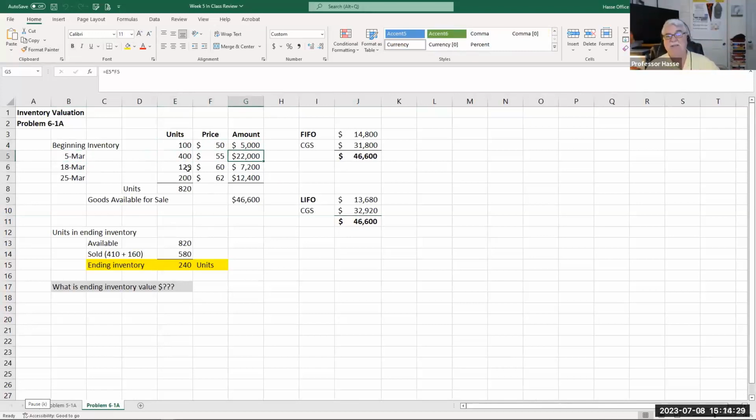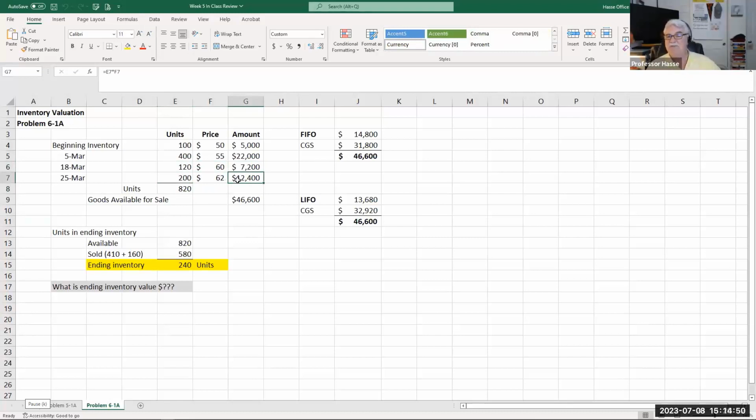Then on March 18th, they buy more inventory, but the inventory value now changes to $60. It's the same product, but it goes up in price. Woo, find a new vendor. $7,200. And then finally, again, they buy 200 more units of the inventory at $62, $12,400.